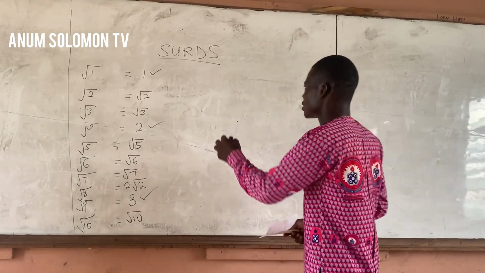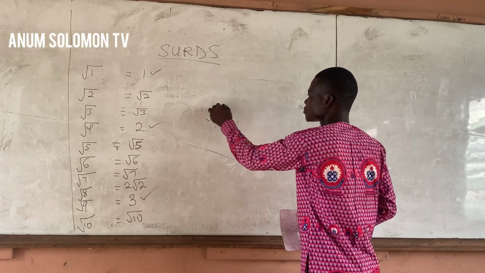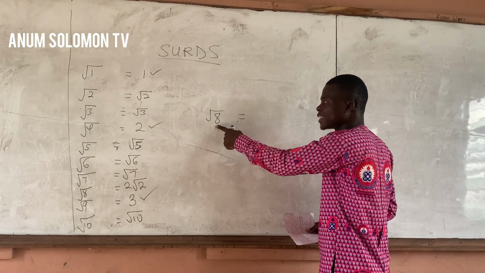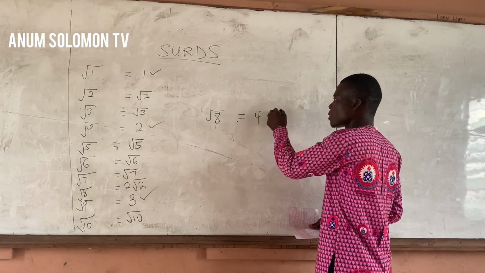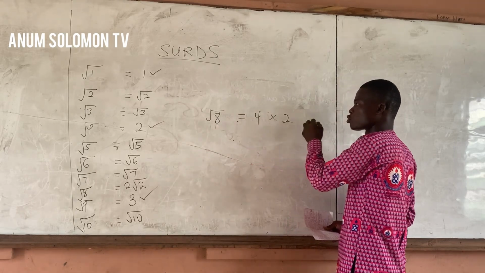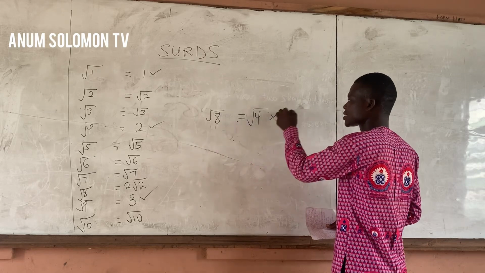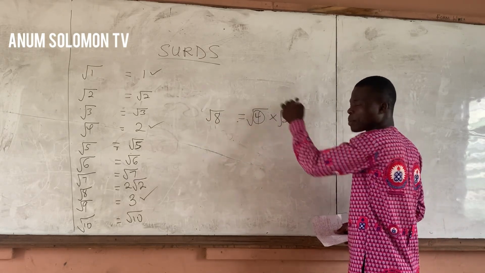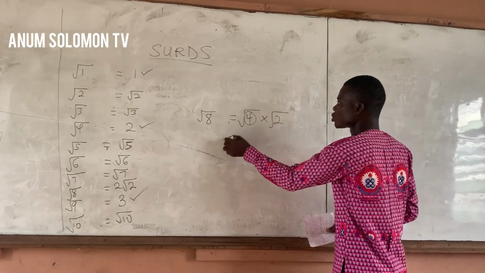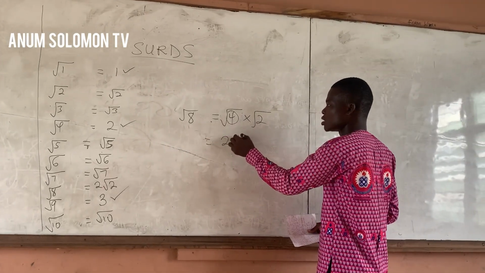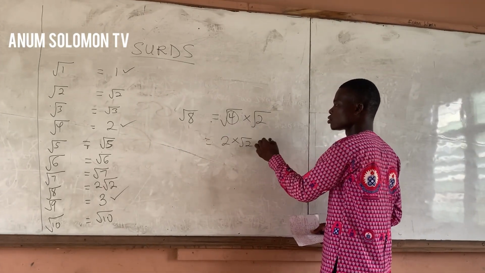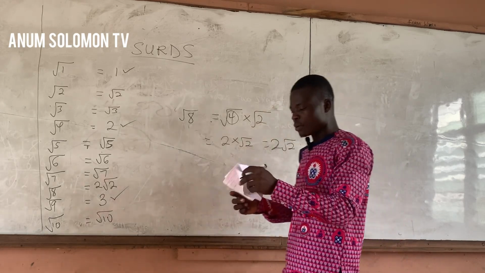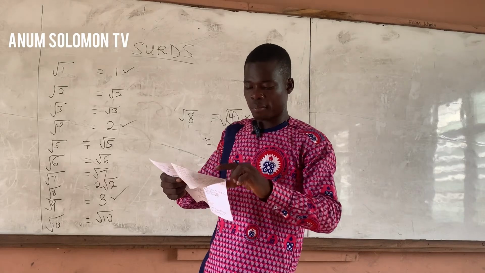For instance, root of 8. You see that root 8, the perfect factor of 8 is 4, and the imperfect factor is 2. So root 8 is the same as root 4 times root 2. Since the 4 here is a perfect square, root of 4 is 2, times root 2. Then you get 2 root 2.